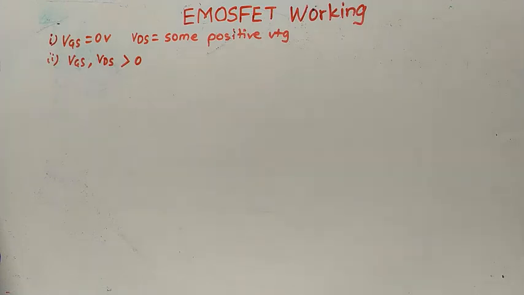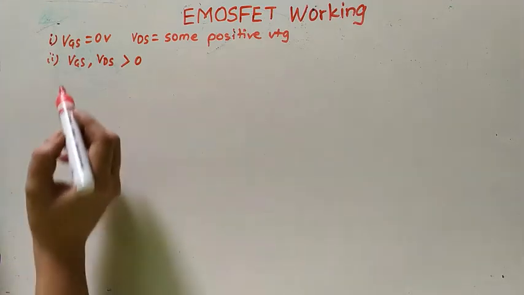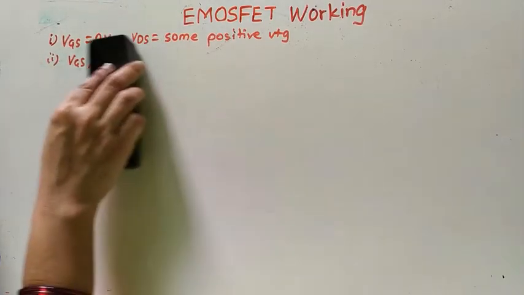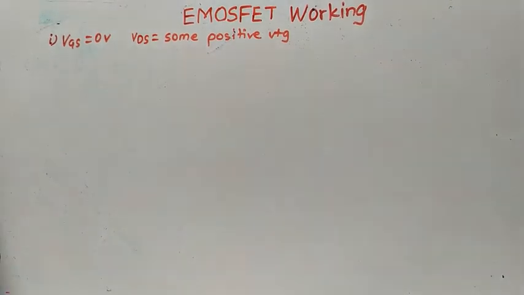So let's study the first case, when VGS is equal to 0 volt and VDS has some positive voltage. For that, first of all, we have to draw the diagram where we provide 0 volt between gate and source.